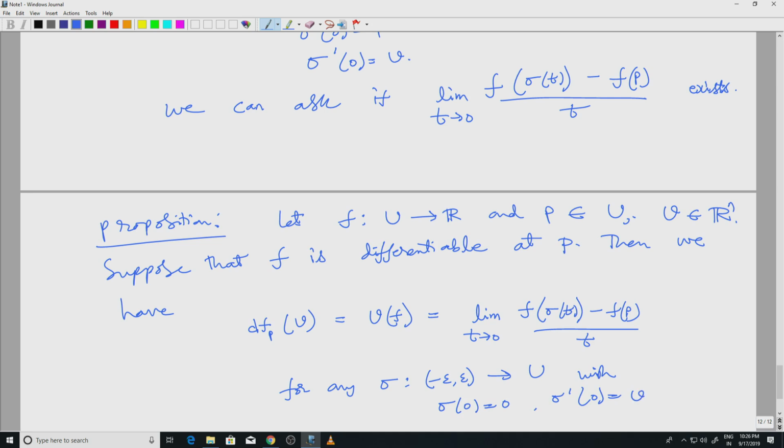Any differentiable curve, for any differentiable sigma with this property.